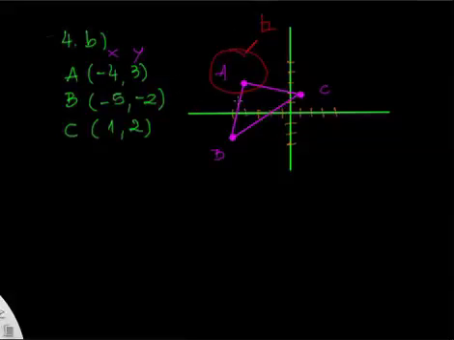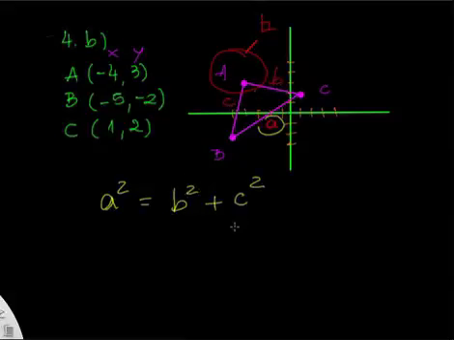Let's put letters here: if my vertex A is here, the side a is always opposite, that's a, b, that's b, and here is c. Pythagoras says that the hypotenuse, and that's a squared, should be equal to the squares of the adjacent sides, b squared plus c squared.